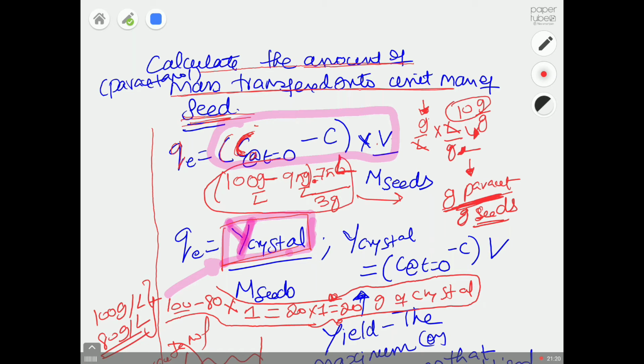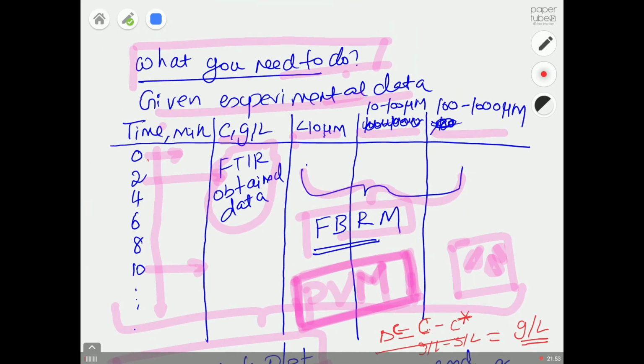I think this is enough. And then this value, Y crystal QE, we can come back to that later. For the moment, let's go to the next one. Once you calculate this QE value, this value is easy to get. I gave you this value. What is your concentration at T equal to 0? If you go back to this table, you have time at the 0th minute, you will have some concentration, say 76 grams per liter.